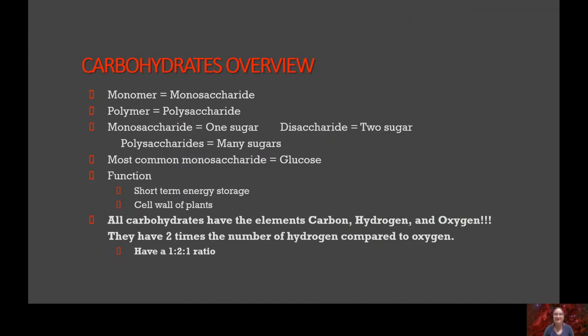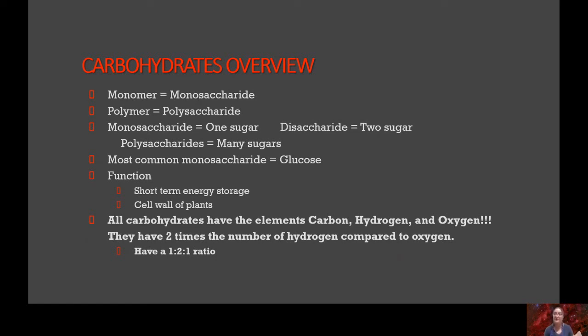So the overview: monomers are the monosaccharides, the polymers are the polysaccharides. Mono means one, di means two, poly means many. Remember those prefixes and suffixes, I need you to know them off the top of your head. And saccharide means sugar.